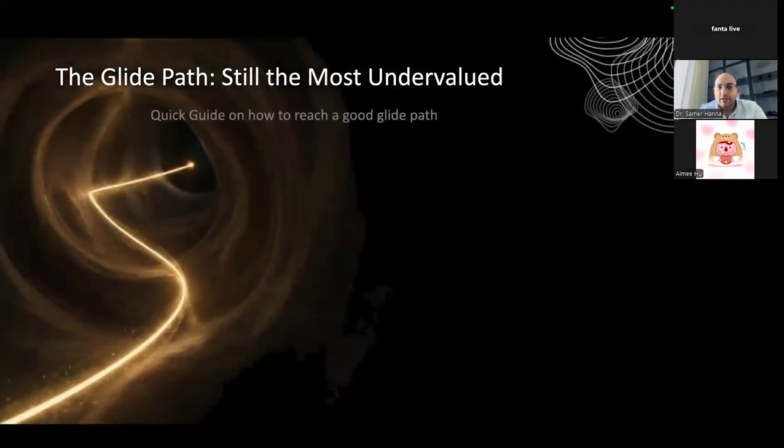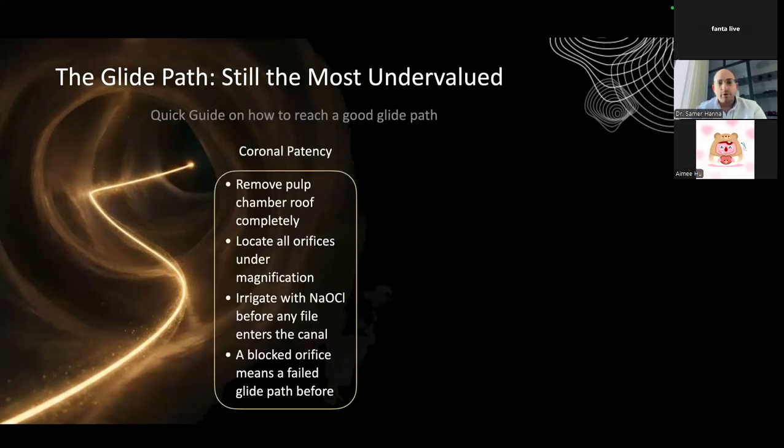How to reach this glide path? I always say that it's good to give a little bit of information about it in a quick way because this is very important. So for the coronal patency, we have to remove the pulp chamber roof completely, locate all orifices under magnification, irrigate with sodium hypochlorite before any file enters, and a blocked orifice means a failed glide path.